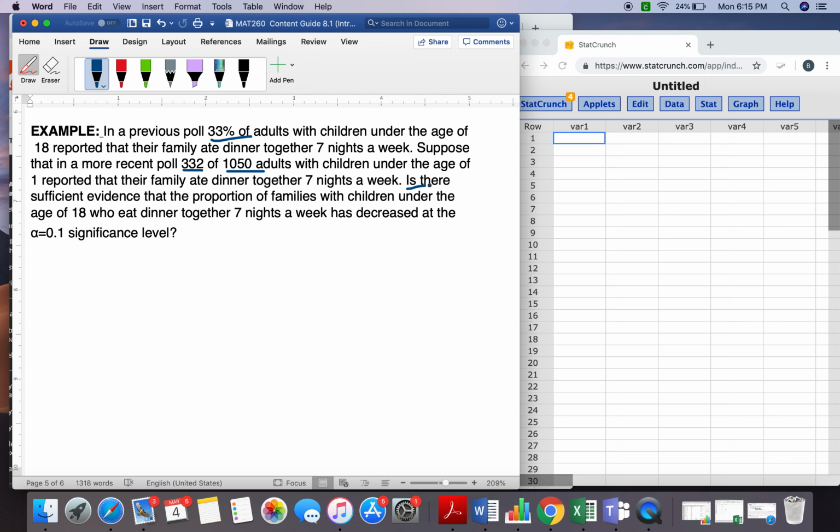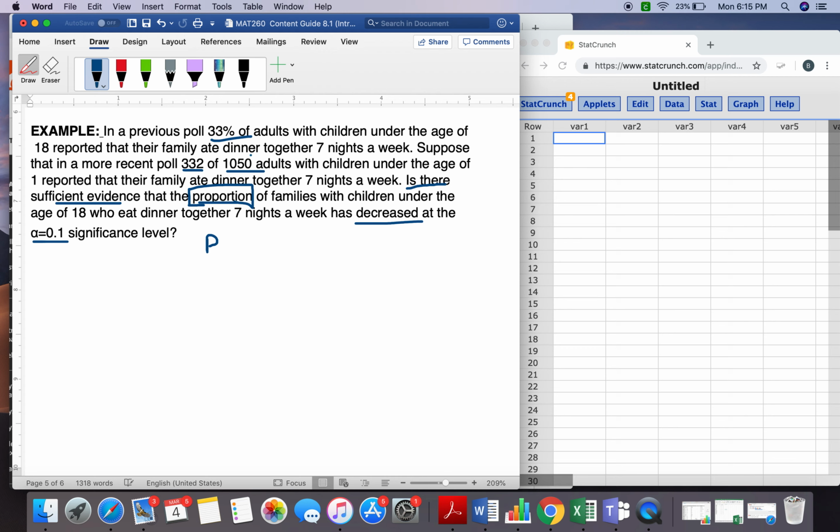So we want to know, is there sufficient evidence that the proportion of families with children under 18 who ate dinner 7 nights a week has decreased at the alpha equals 0.1 significance level? So first off, we like to look at what type of problem this is. So it's about the proportion, so we're going to be using p.